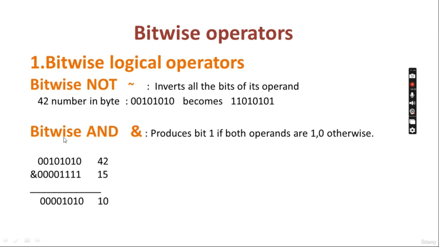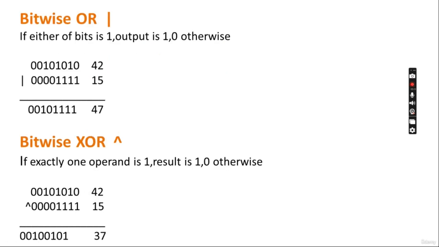Here, when both operands are 1, the output is 1. So the binary representation of 42 bitwise AND the binary representation of 15 will give me the binary representation of the value 10. Then bitwise OR: if either of the bits is 1, the output is 1, otherwise it is 0.